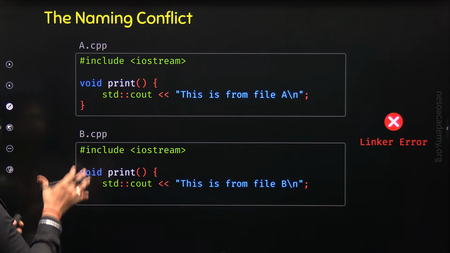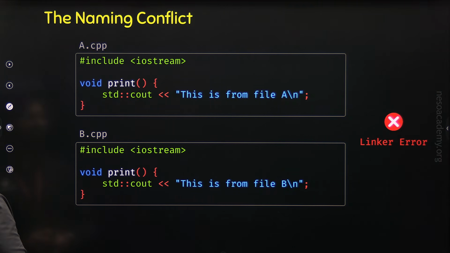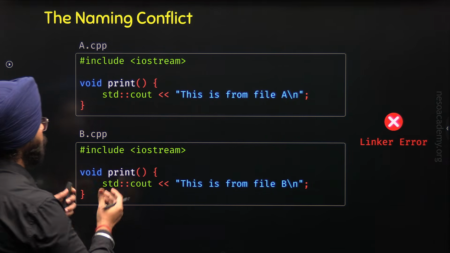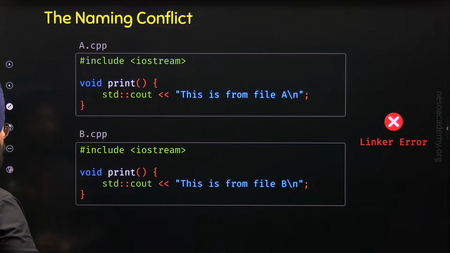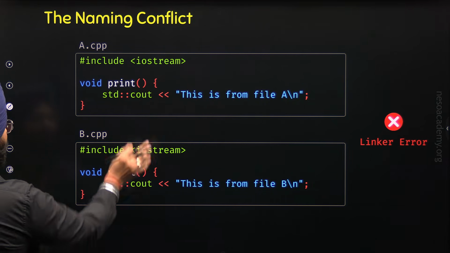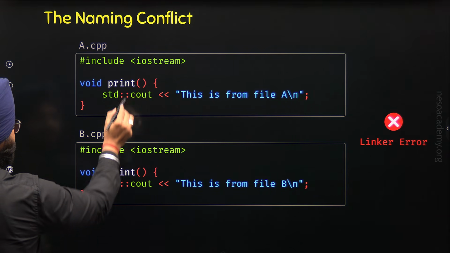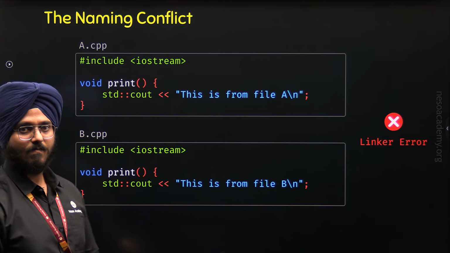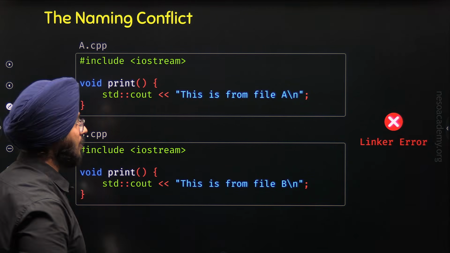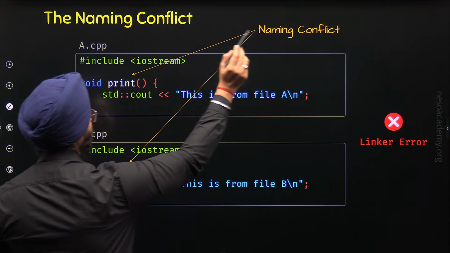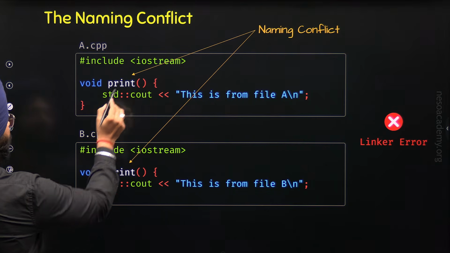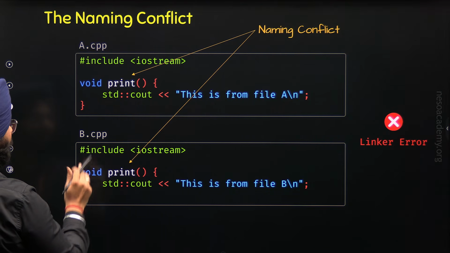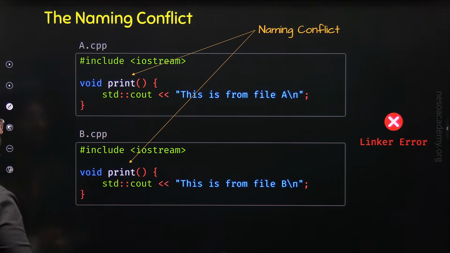Now, when linker tries to combine the object files, then it would not be able to do so because in these two files, we have functions with same name. Here we have what is called the naming conflict. We have same names and therefore they conflict with each other.